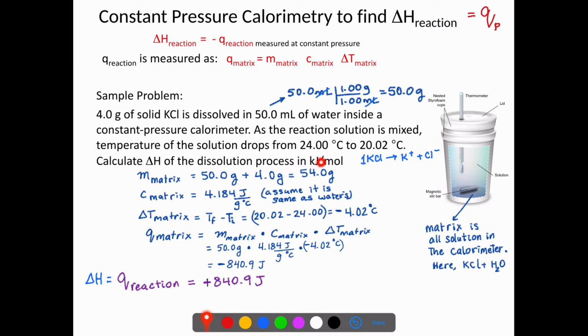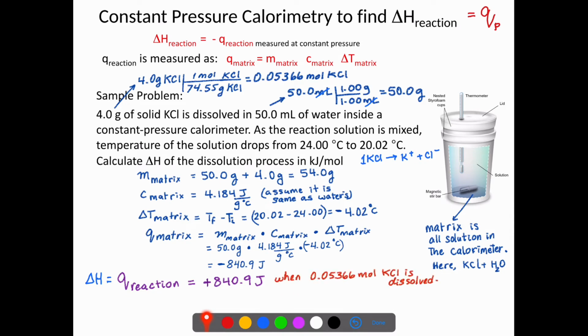So we want to know how much is the delta H if we dissolve 1 mole of KCl. So this delta H is for dissolving 4 grams of KCl. 4 grams means that many moles. Dividing by the molecular weight of KCl will tell you how many moles that is. So this number is when 0.05366 moles of KCl is dissolved.